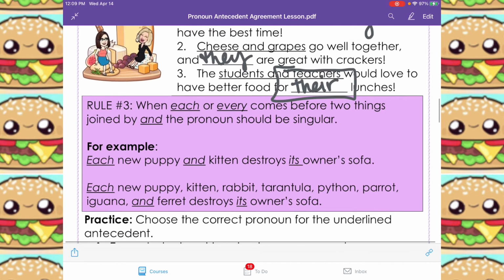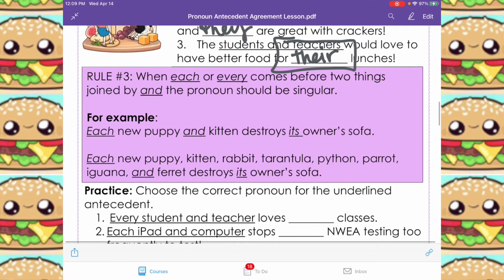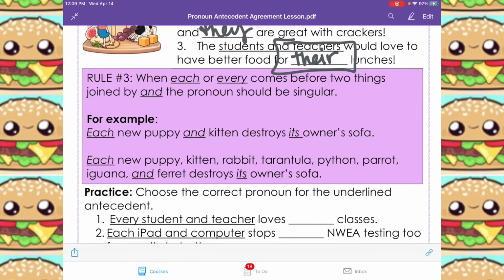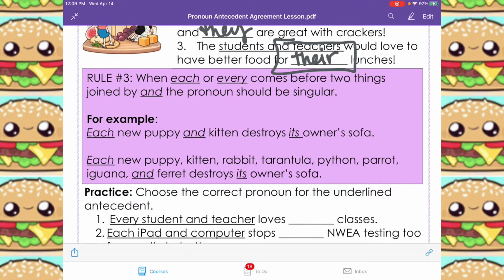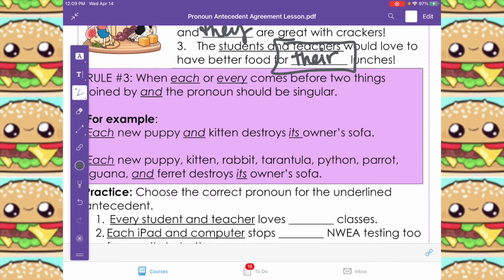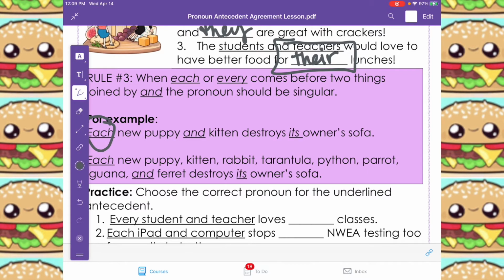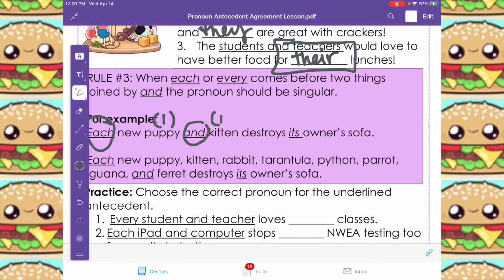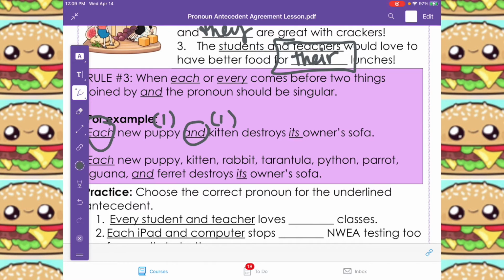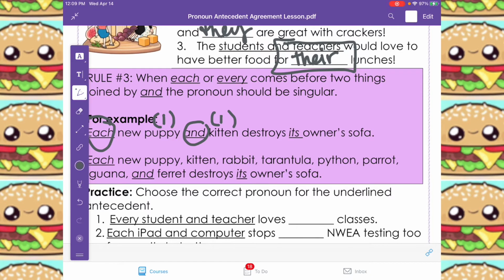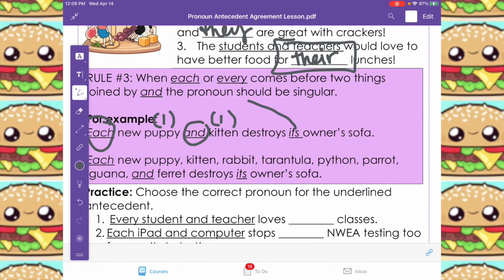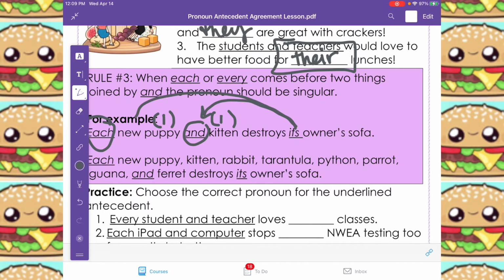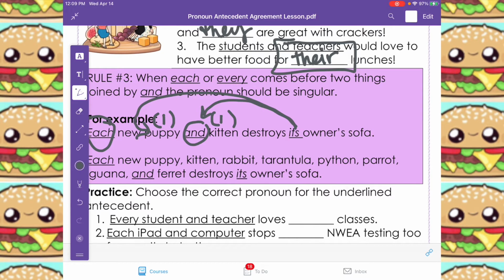All right, let's move on to rule number 3. When each or every comes before 2 things joined by and, the pronoun should be singular. So, for this one, when we're saying each one puppy and each one kitten by itself destroys its owner's sofa, it's because it refers back to each one individually, right?